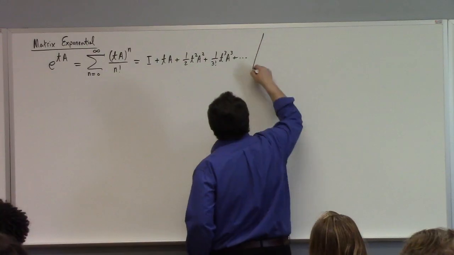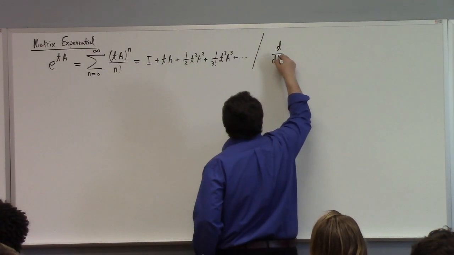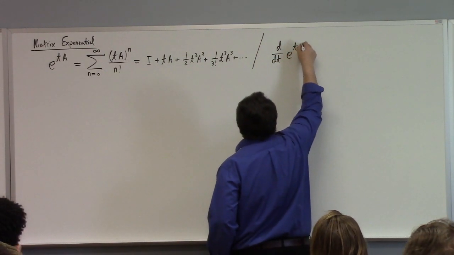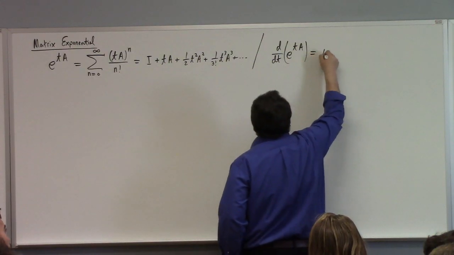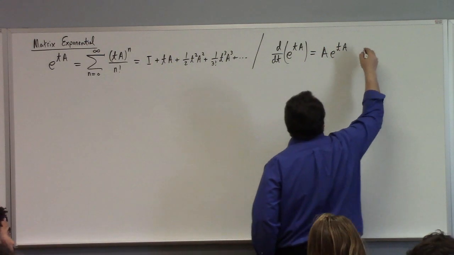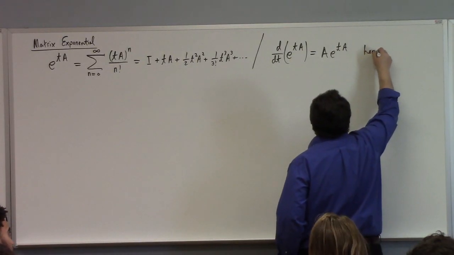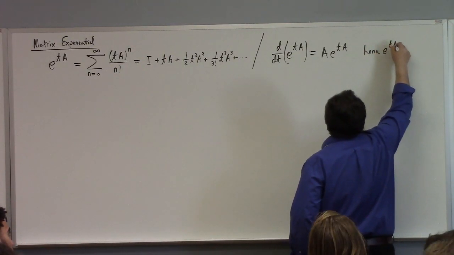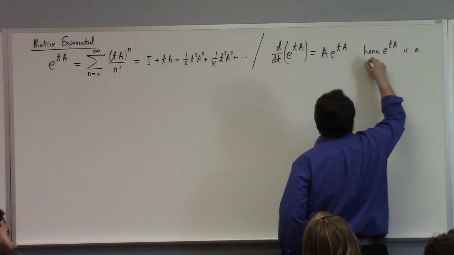And I'm pretty sure we proved in here that d/dt of e to the tA is equal to A e to the tA. And this means that, hence, e to the tA is a solution matrix.